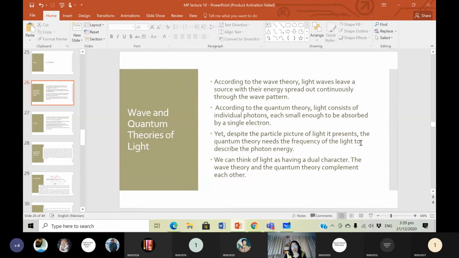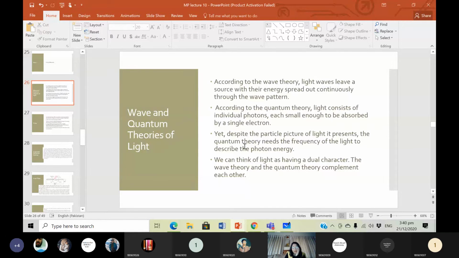Yet, despite the particle picture of light, the quantum theory needs the frequency of the light to describe the photon energy. Because according to the quantum theory of light, photon energy is given by E equals hf, where f is the frequency of the light.